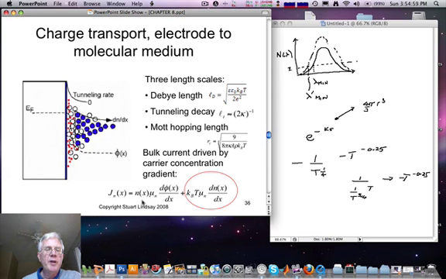This term you will recognize as the field-driven current, i.e. the potential gradient or electric field, times the mobility of the carriers times their number density. This term is not important in the bulk of the material.